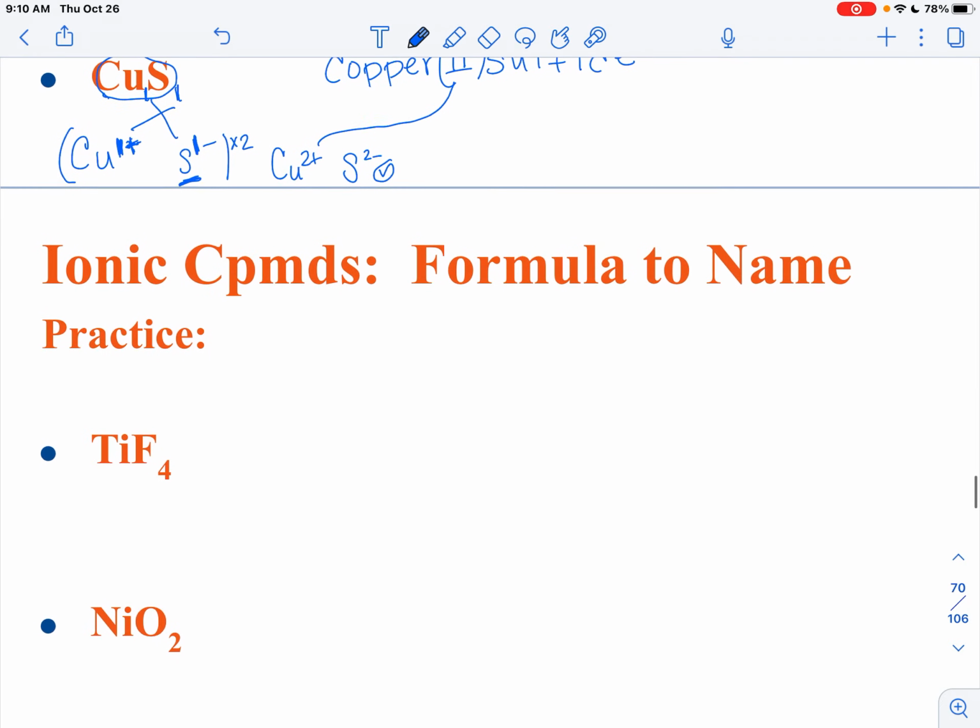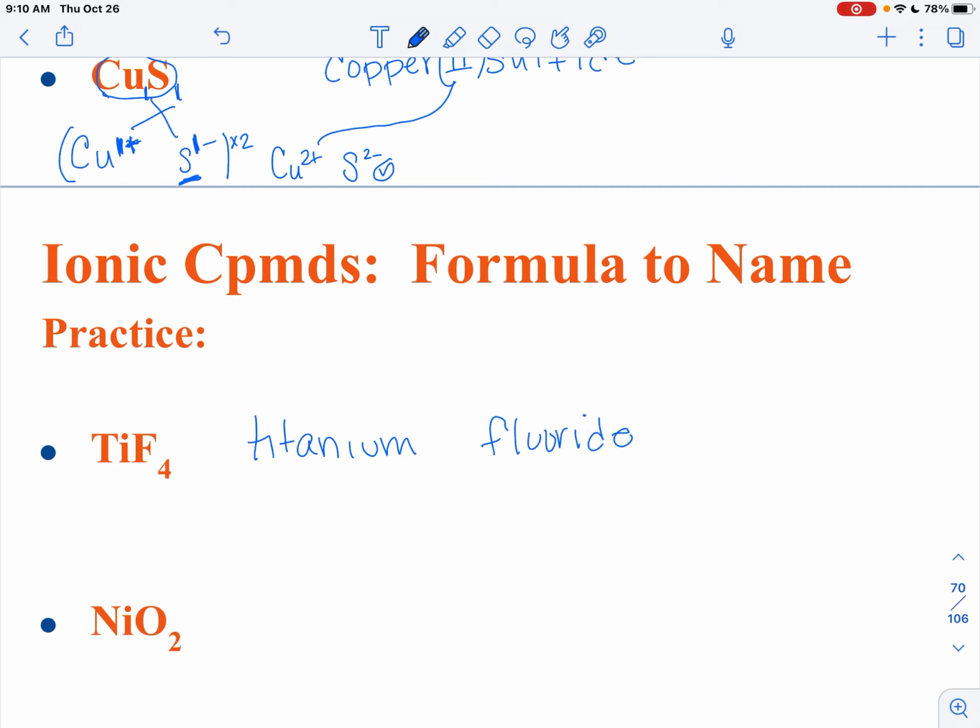Okay, go ahead and try these two, please. So here we have titanium fluoride.